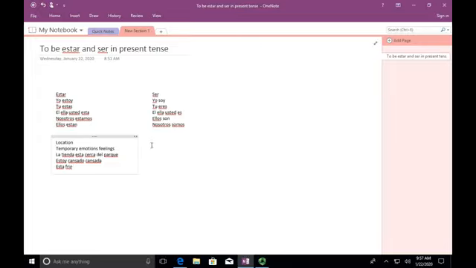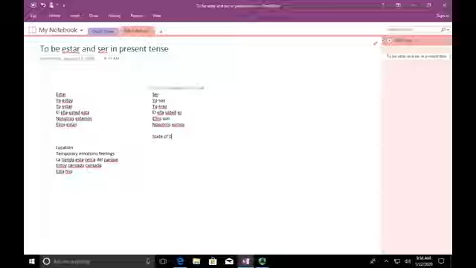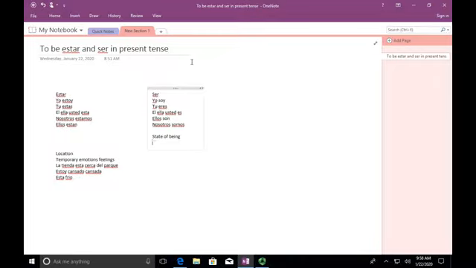Okay, so let's move on to in what occasions you would use ser. So ser is for a state of being, something that is frequent, it doesn't change. So like your nationality or where you're from, and the color of something.